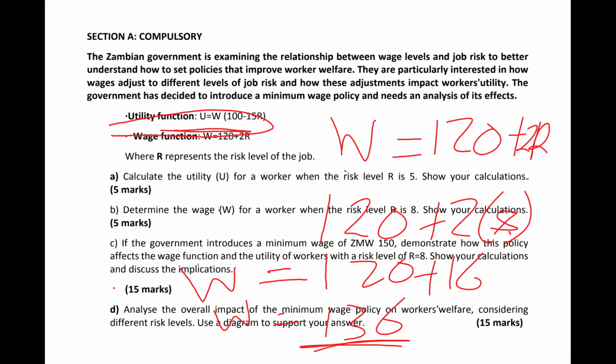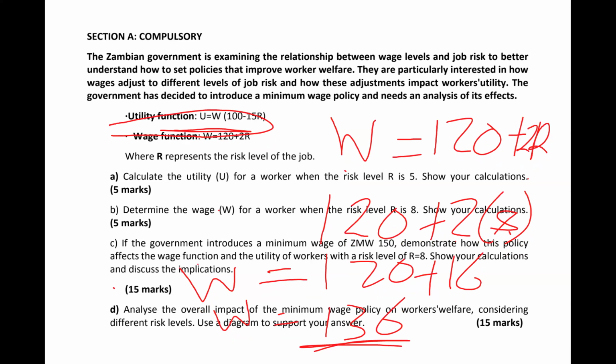Like here, they've given us 5, which is straightforward, but the risk was there in the function as just R, not given as 5.